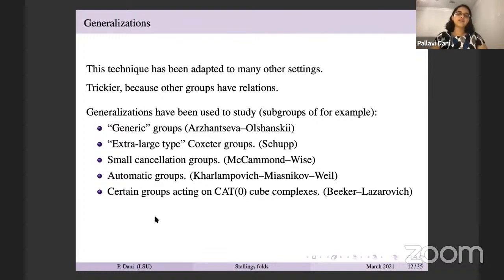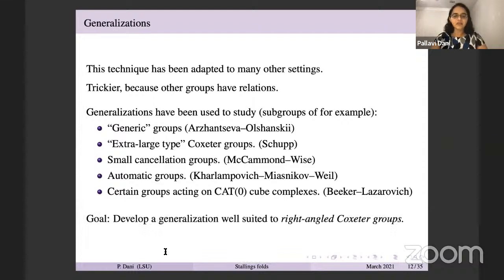So what I wanted to talk about today is developing a generalization that's well suited to the class of right-angled Coxeter groups. Why this class? It's because I was already interested in this class of groups, and in particular, I needed some of the applications that we were hoping to get out of these techniques to answer some other questions. Before I proceed, I should also say that I'm not going to define all these classes, I just wanted to mention other possible generalizations.